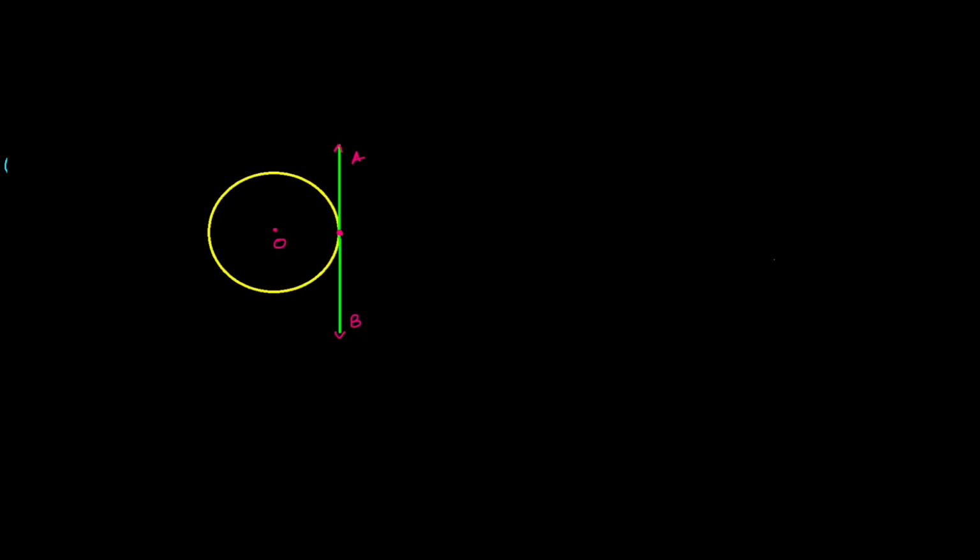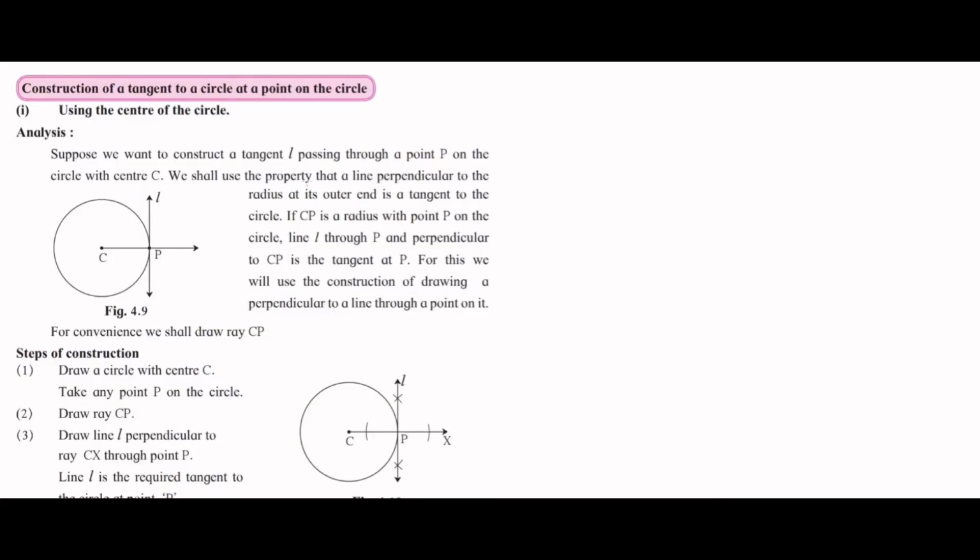This is what basically a tangent is. Now let us see the first construction, using the center of the circle. Over here, this is page number 96 of your textbook. How to construct? Suppose we want to construct tangent L passing through a point P on the circle with center C. We shall use the property that a line perpendicular to the radius at its outer end is a tangent to the circle.